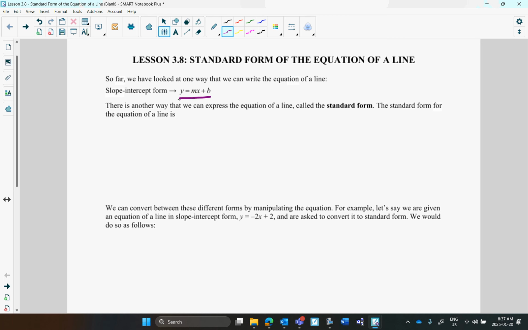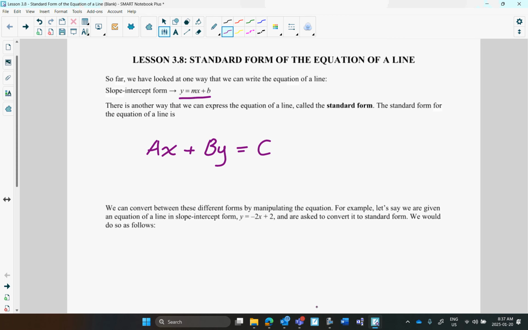But there's something called standard form, and it looks like this. Remember, for most equations of lines, there's an x term, there's a y term, and there's a number.